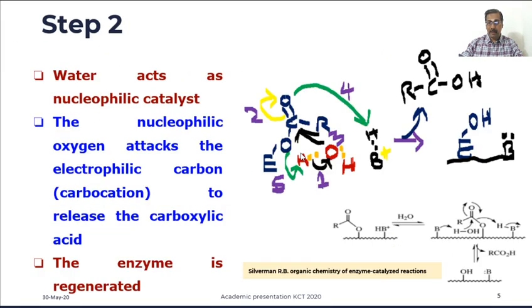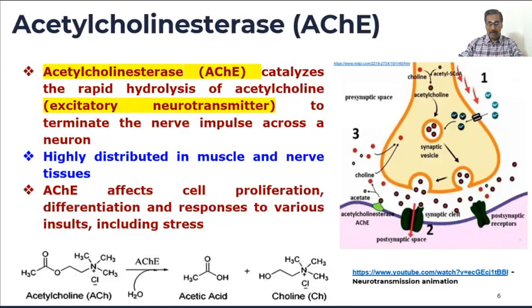So you can see BH+. This nucleophilic oxygen will make an attack over here. So RCOOH, as a product, will be removed as carboxylate or carboxylic acid, and the rest, the enzyme, will be regenerated. So this is deacylation.